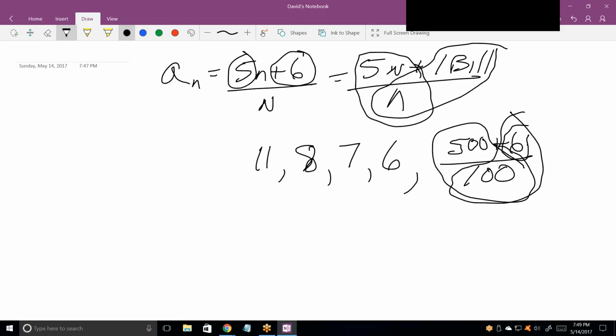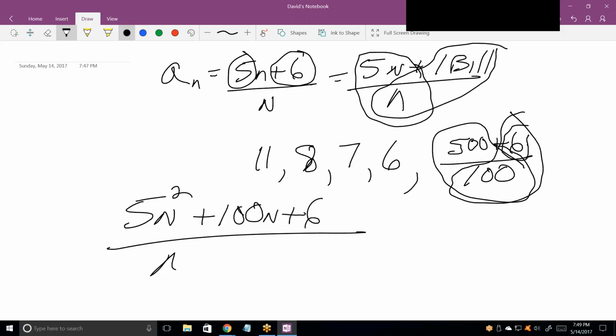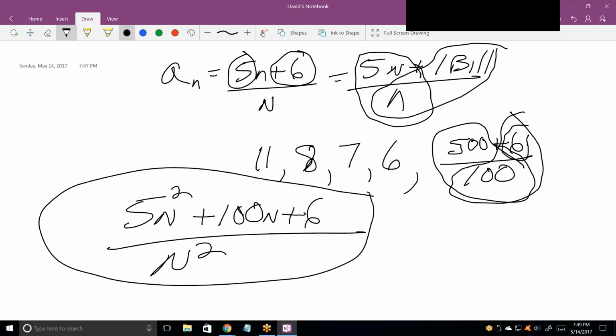So whatever number is immaterial, just like if they gave you this problem. If they gave you this, that also converges to 5. In other words, that is immaterial.